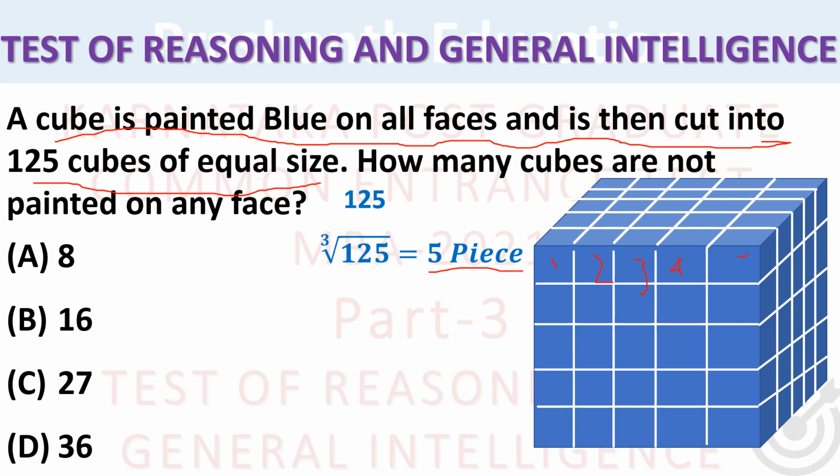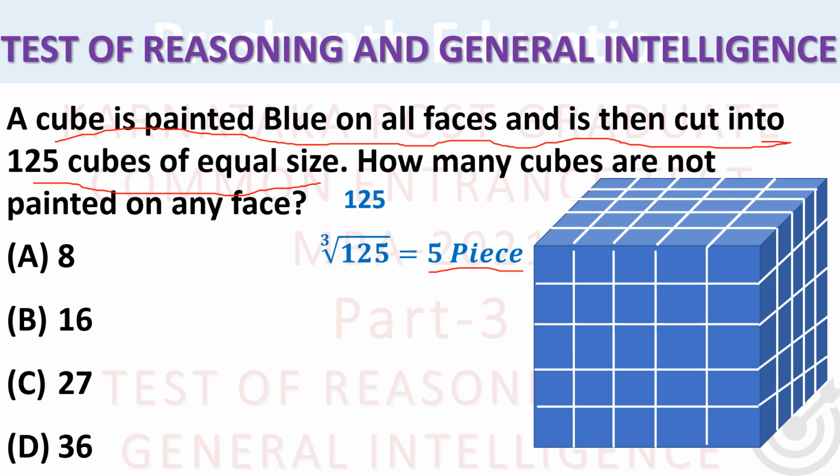We have made 4 cuts and we have made 5 pieces. Altogether you will get 125 pieces. Now we need to calculate how many cubes are not painted on any face.